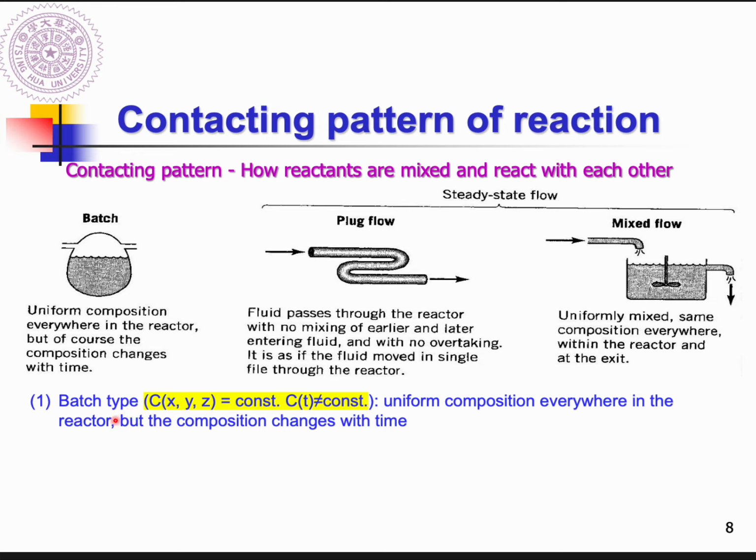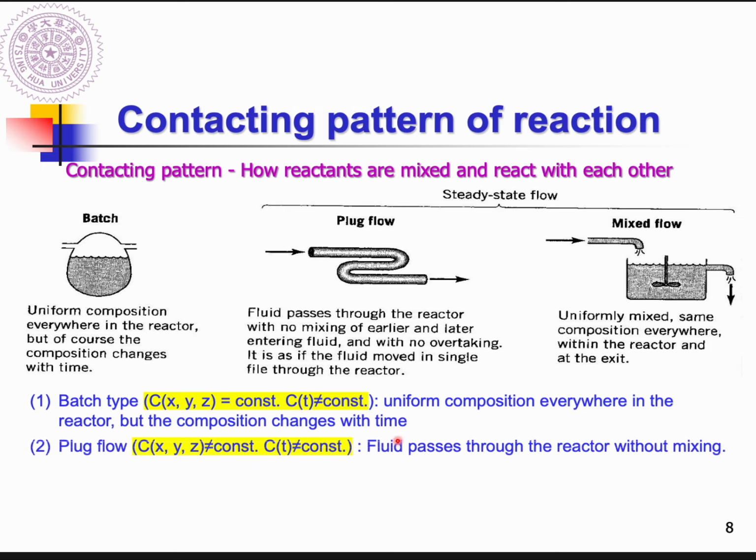So the composition at any location inside this beaker or reactor remains uniform, but the concentration of reactants or product will change with time. So this means a uniform composition everywhere in the reactor, but the composition changes with time.